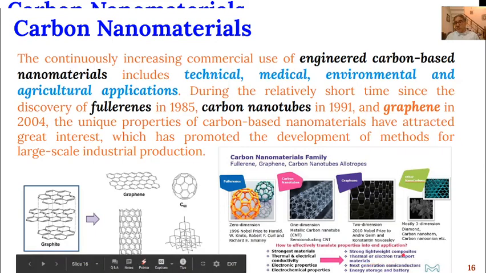Next generation semiconductors can be synthesized from these. Then energy storage batteries can be formed from carbon nanomaterials.